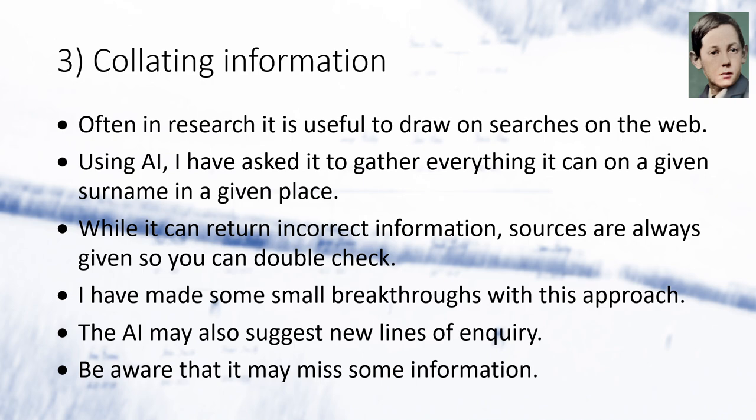I was able to go into the AI and basically find out if there were High Sheriffs of that surname at that rough time period and where they were. So it really helped me to narrow down my search by using that publicly available information, these publicly available lists.